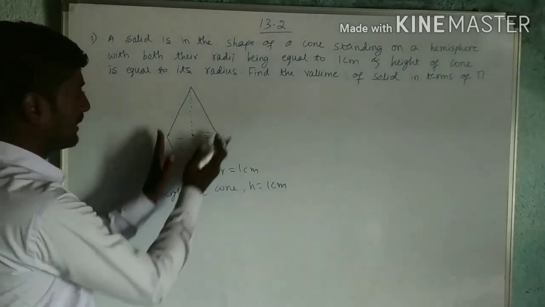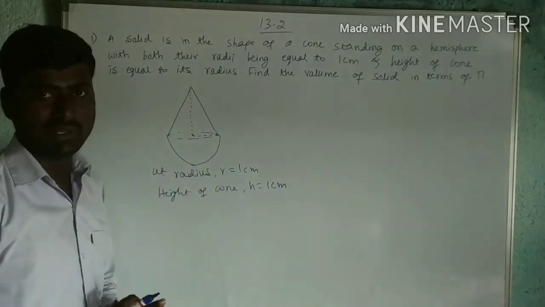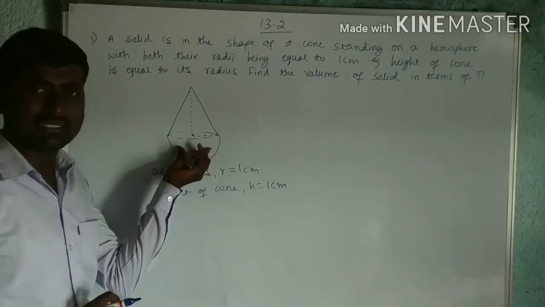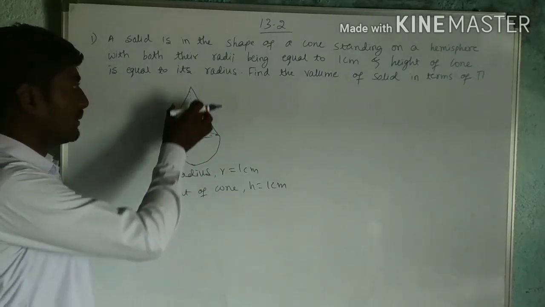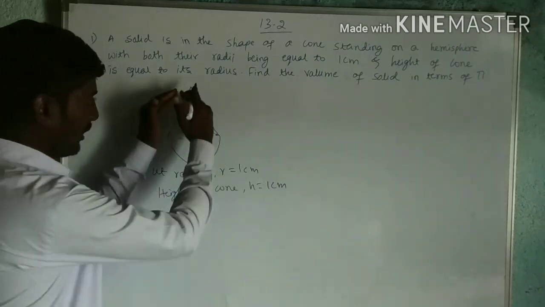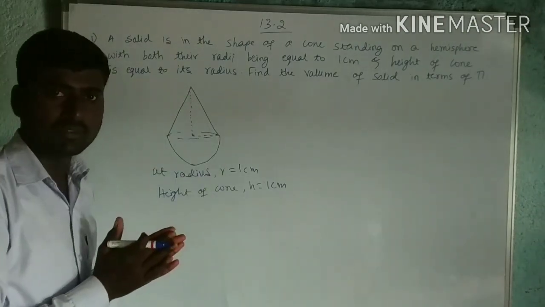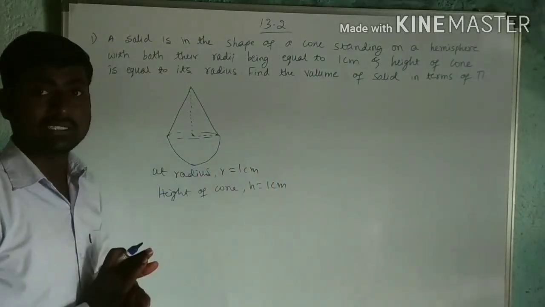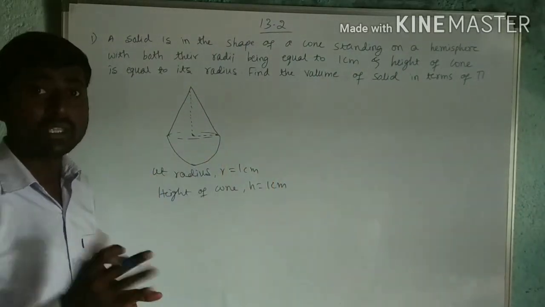Now we have to find the volume of this solid. Initially there is a hemisphere, then we put another solid, that is the cone. Leave the volume, just think of the surface area of this solid. How can we find it?